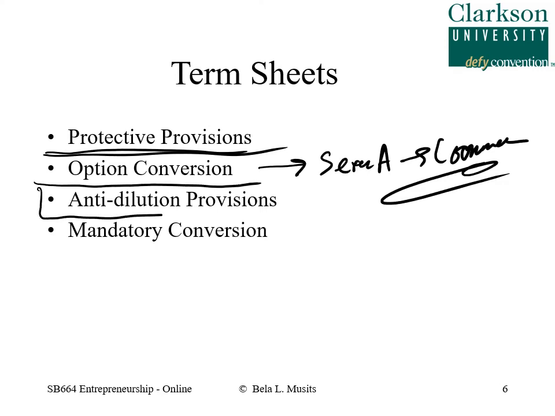Now, here's another big one, anti-dilution privileges or provisions. This is really big. The simplest way to explain this is, let's say for this $600,000 investment, just to keep numbers easy, I paid $1 a share. So I invested $600,000. I got 600,000 shares. And let's say a year from now, we ran out of money.